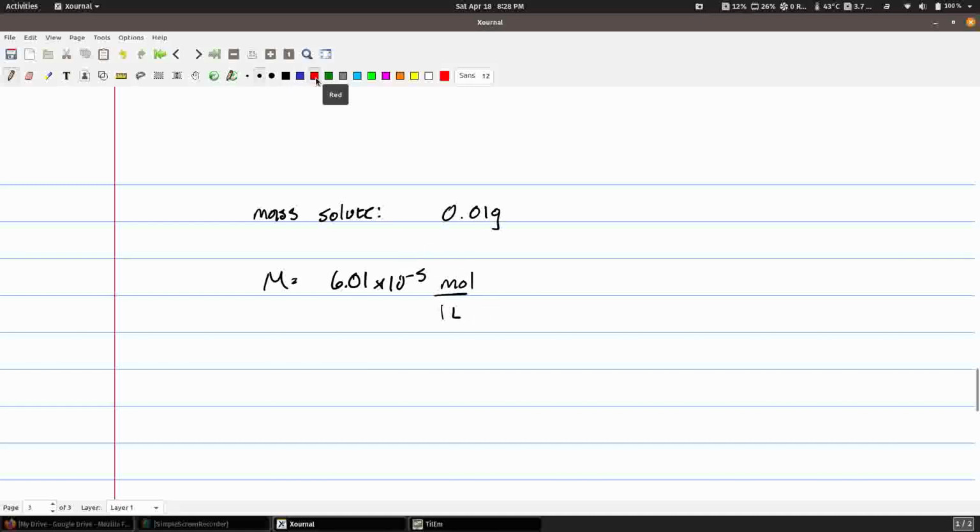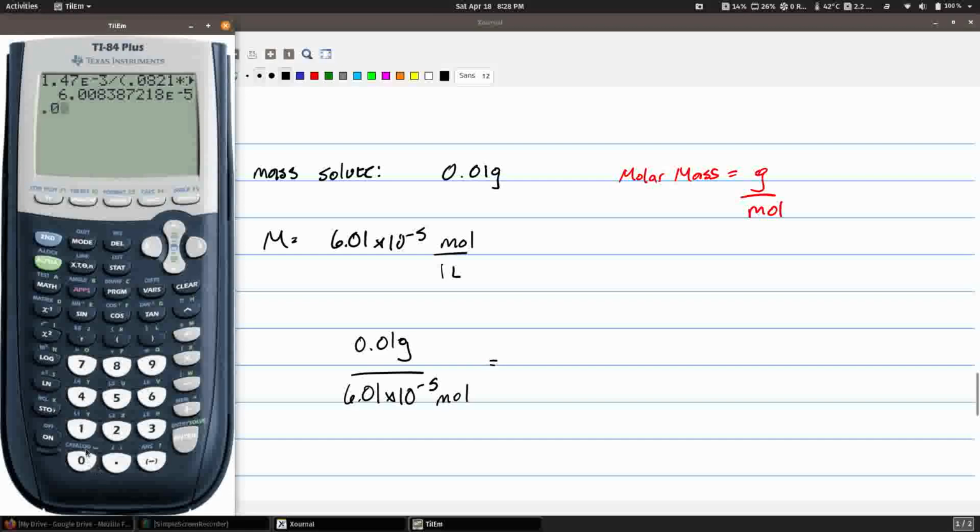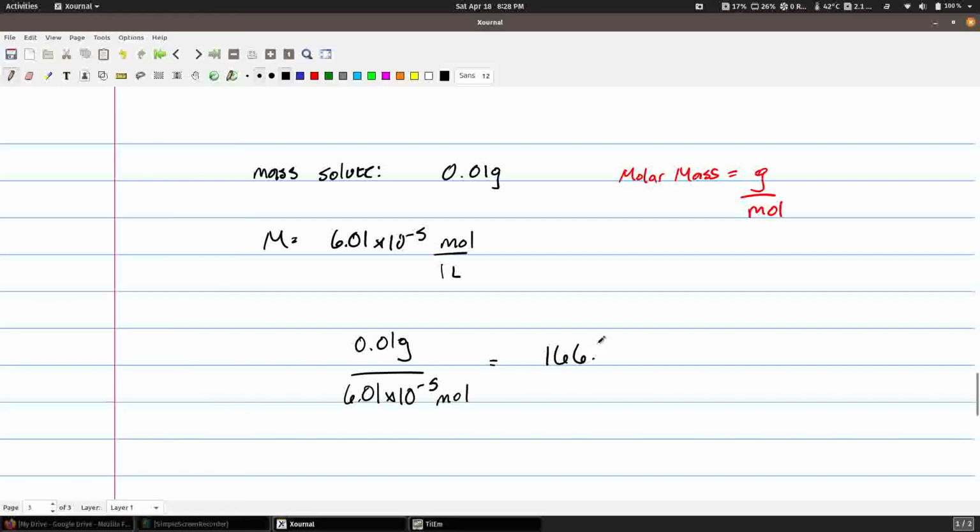So now, if you remember, molar mass is grams over mole. So that's the last step that we have to do. That means we have 0.01 grams divided by 6.01 times 10 to the negative 5 moles. And then that's going to give us our answer. So we're at about 166.43 grams per mole. And that would be your answer for this particular problem.